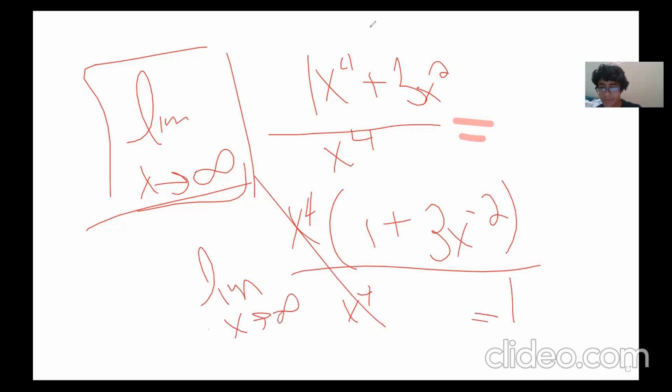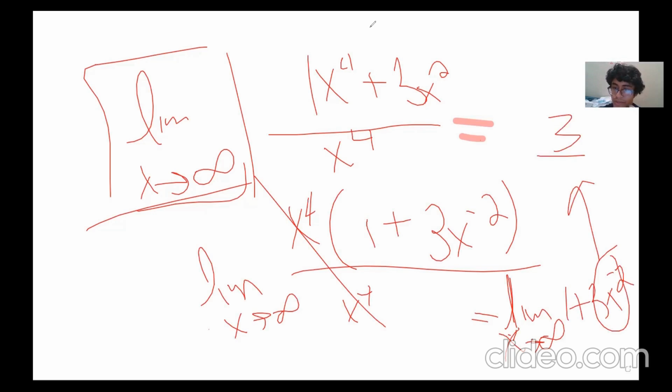And then you'll have the limit as x approaches infinity of 1 plus 3x to the negative 2. And well, you know that this is the same thing as 3 over x squared. As the x squared grows crazily, the 3 will stay constant. It'll get overwhelmed. It'll just be a very small value, and it'll actually approach 0 because it's a limit. And so actually the answer is 1, right?